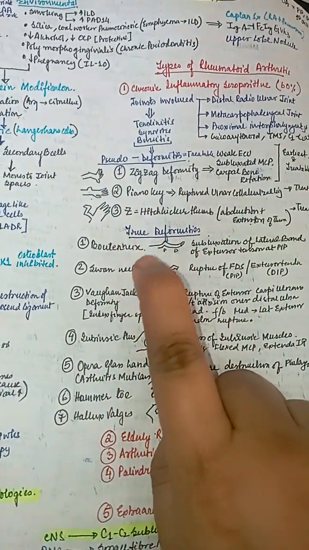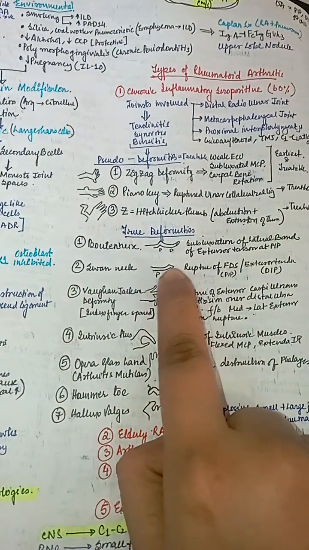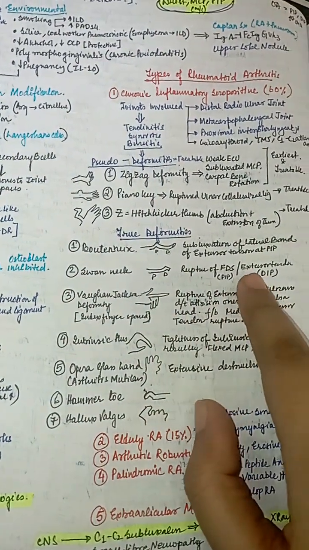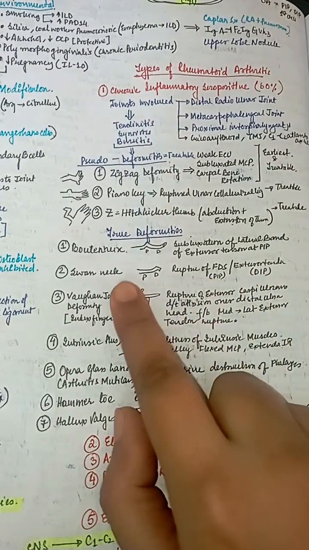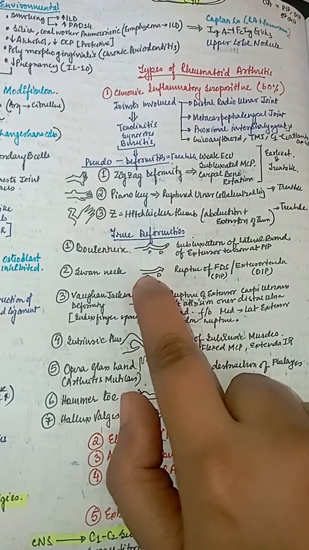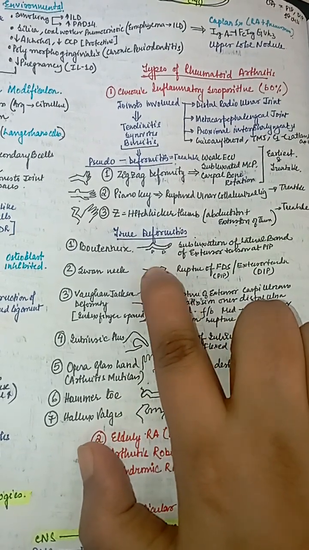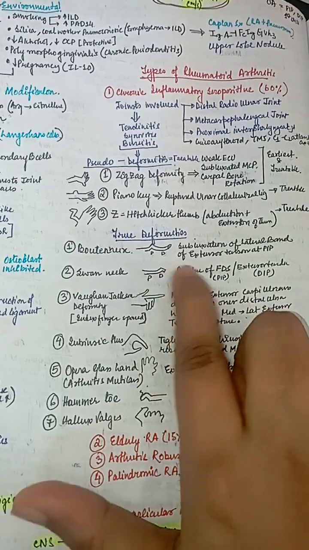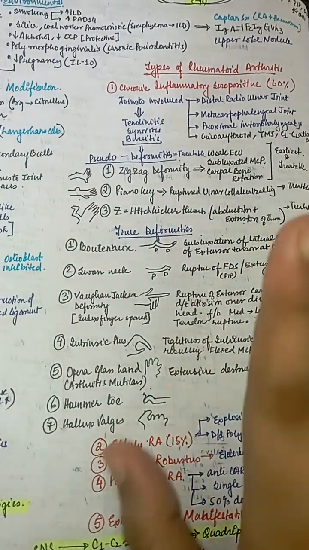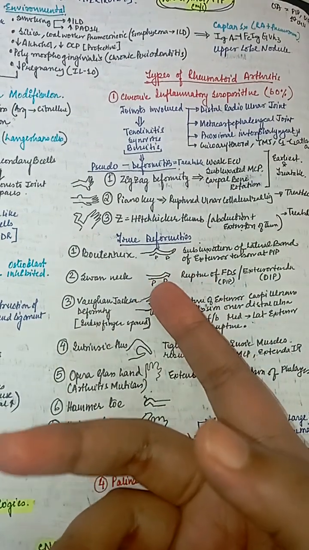And swan neck deformity is of the PIP joint. Rupture of the FDS tendon of the PIP joint and extensor tendon of the DIP joint. Whichever is flexing, the extensor tendon is ruptured, and whichever is extending, the flexor tendon is ruptured.